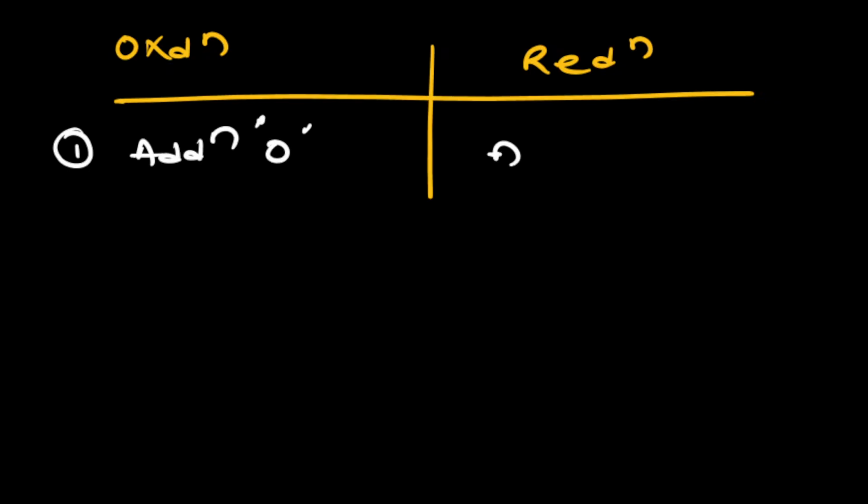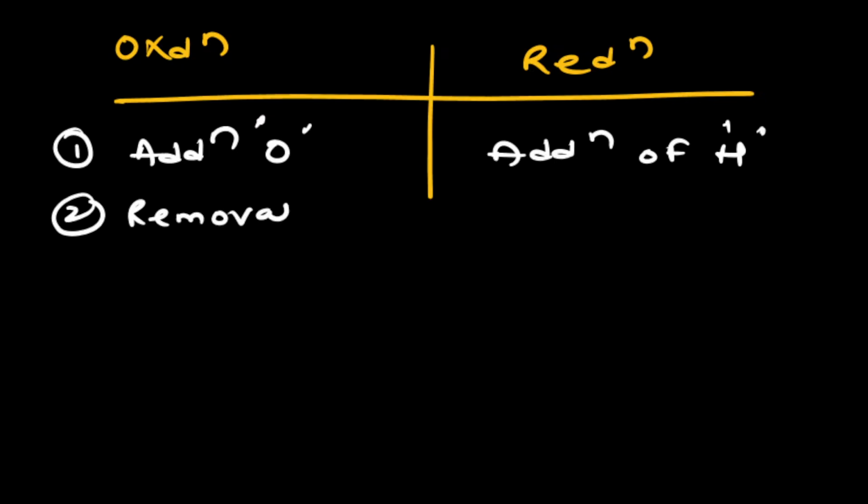Now here, reduction means addition of hydrogen. Second one, what is the meaning of oxidation? Removal of hydrogen. Now here, for reduction, removal of oxygen. Done.